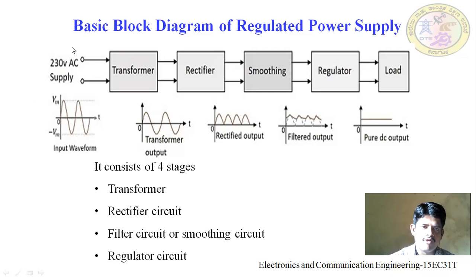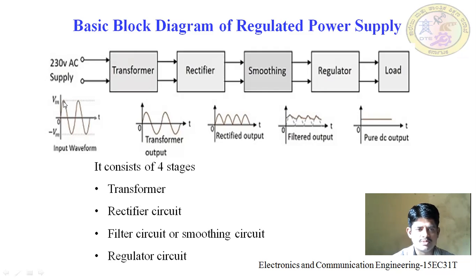So this is our main supply. What supply voltage will we be getting from the mains? Normally we take it as 230 volt AC, alternating current. You already know what is meant by AC and DC, but let me revise it. AC means alternating current, where the value keeps changing alternatingly between positive and negative.